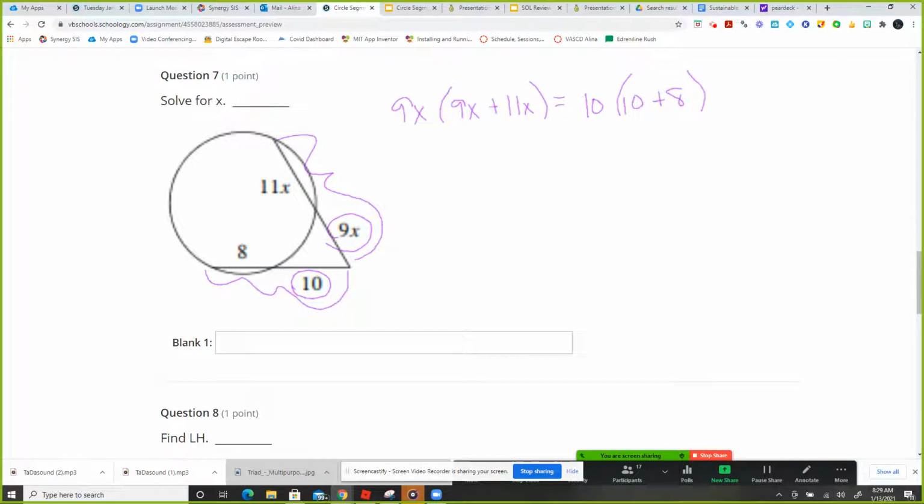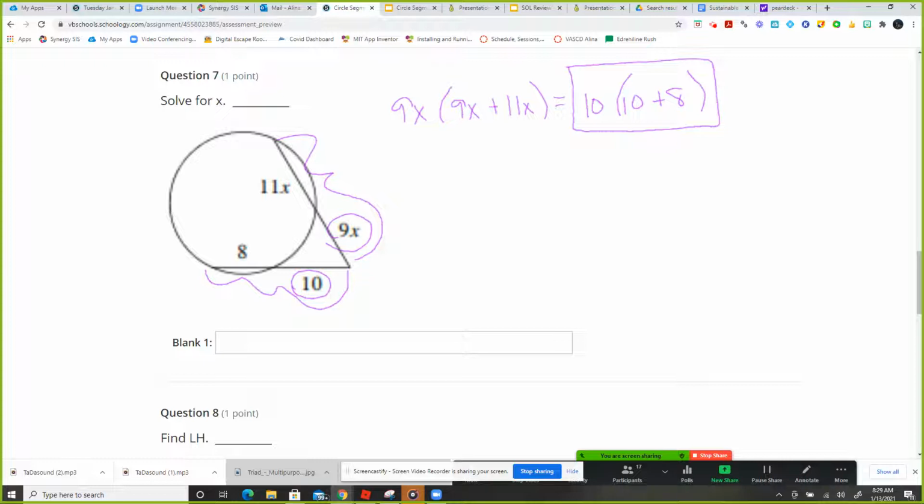How do we solve this one? Let's solve this one together. What do you want to start cleaning up first? We've got one side that's all variables and one side that's all numbers. Which one's easier to clean up and simplify? I would 100% start with the numbers because I can put all of that in my calculator.